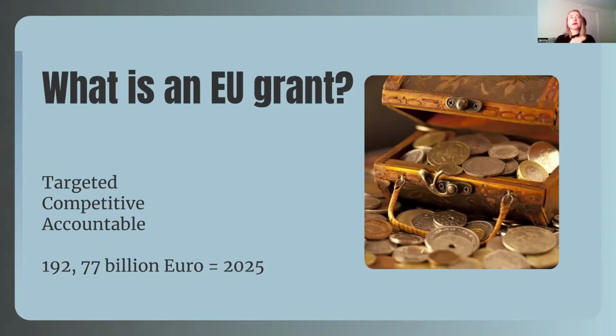And also we said that the third characteristic of an EU grant, of a grant in general, is accountability. You don't need to pay the money back. It's money you get and it's forever yours. You spend it for implementing your solution, your idea, but you need to report back all the euros which you got. You need to provide a financial report to show where the money has gone.